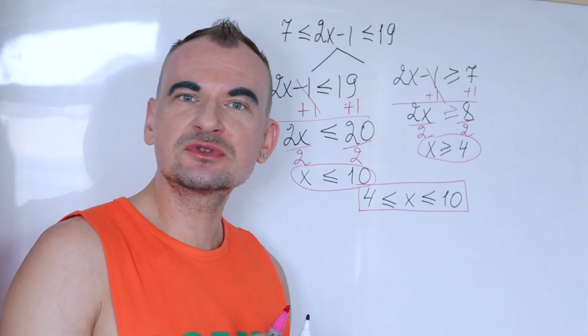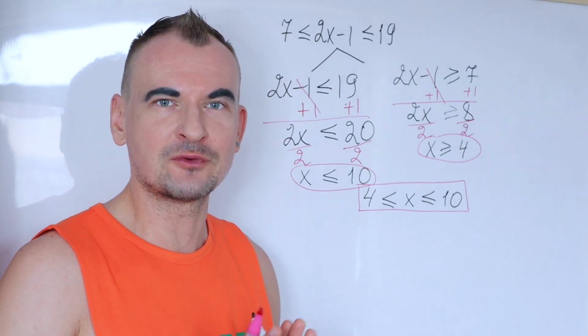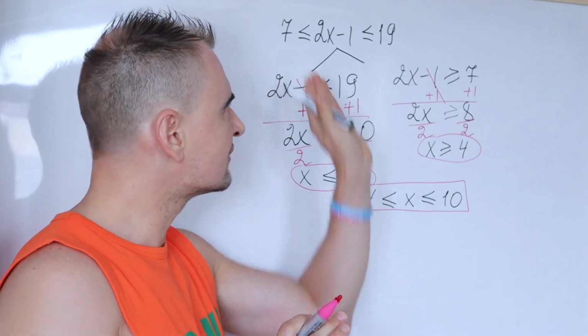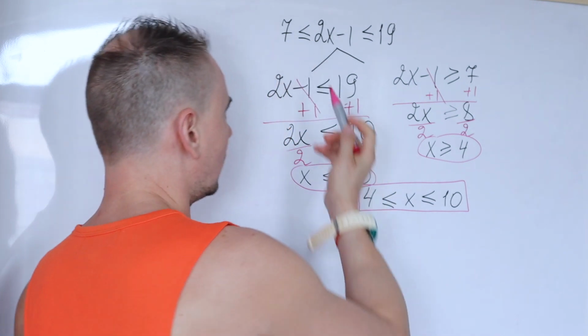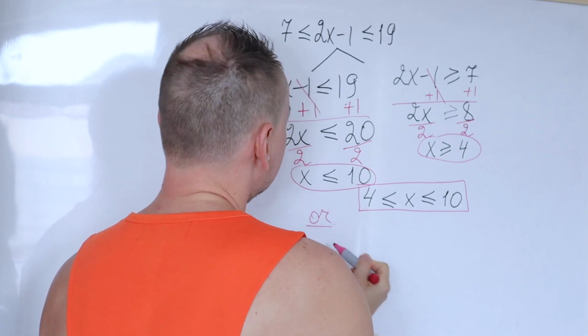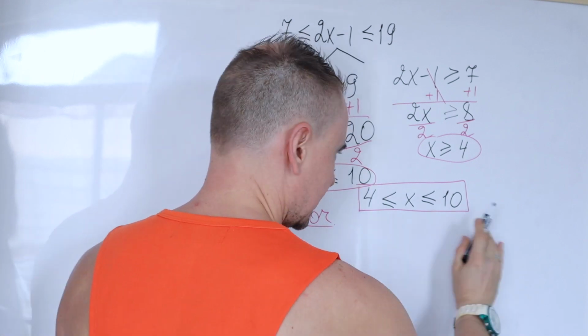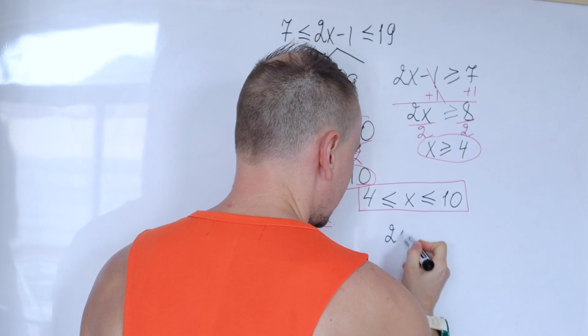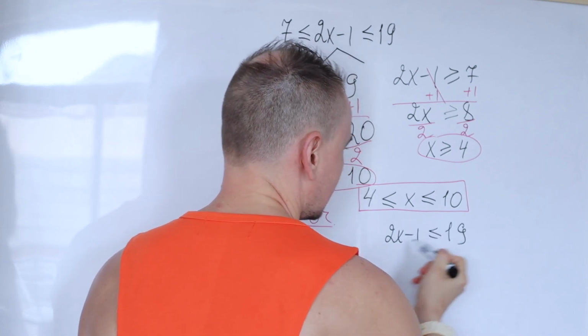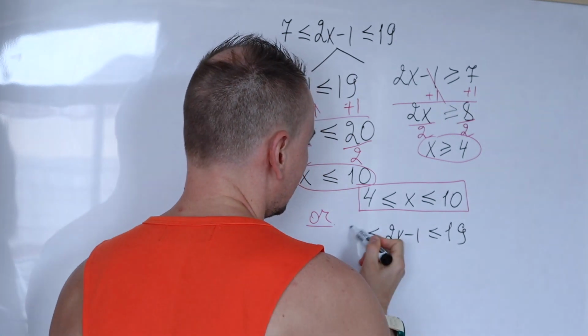Now I would like to show you a shortcut for this, another way of solving this compound inequality. Let's say you are given, let me just write it down again, 2x minus 1 greater than or equal to 7.